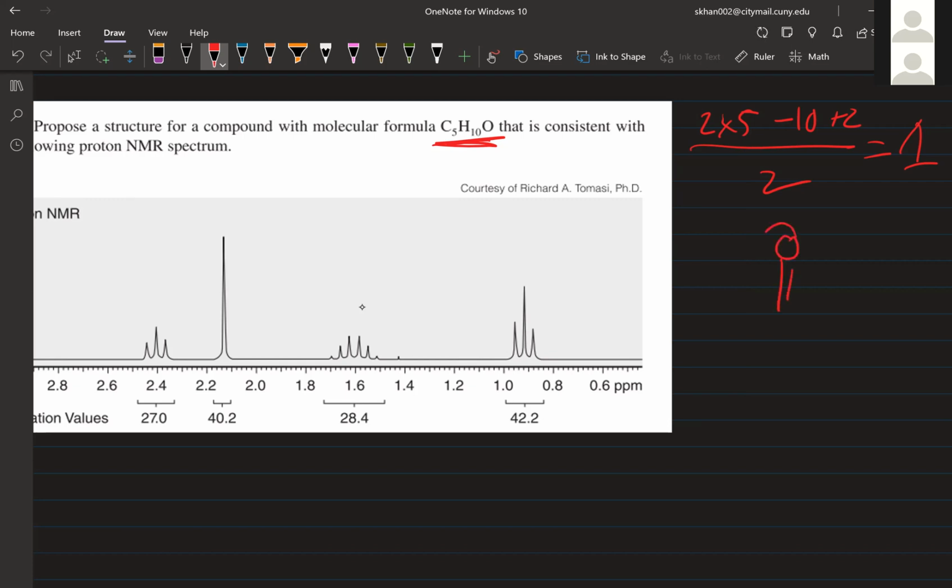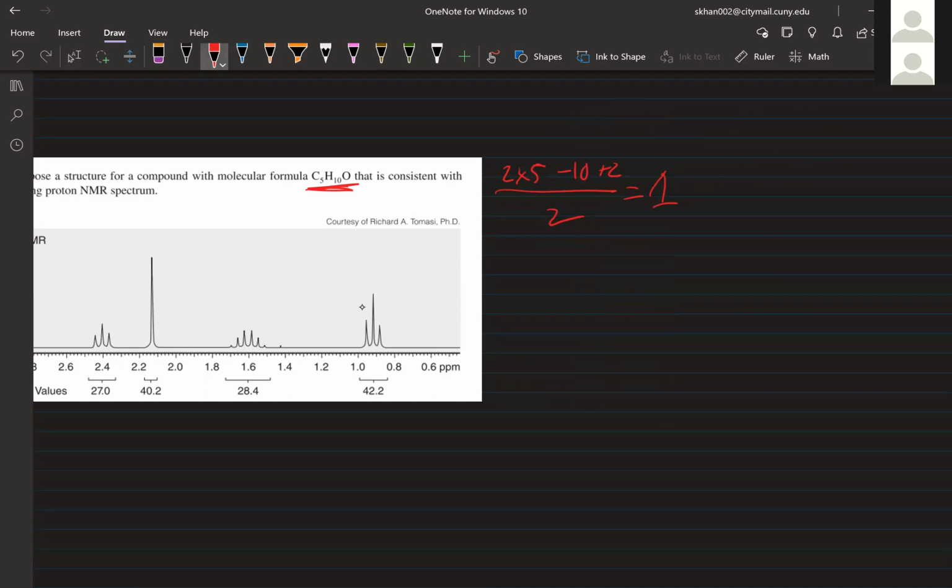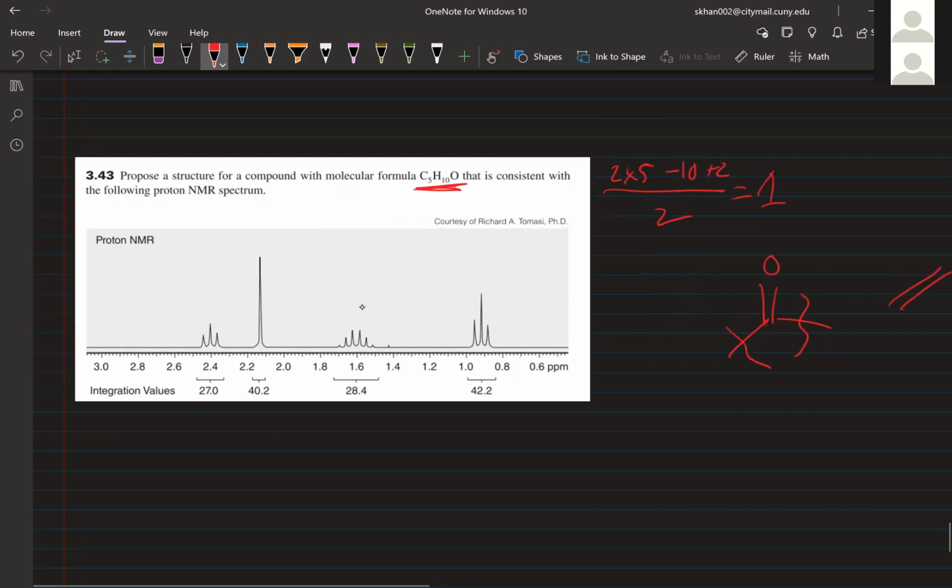We just call those carbonyls. So there might be a carbonyl here. Maybe it's an alkene, maybe it's a ring, but probably not a ring because it's C5. Most likely it's a carbonyl at some point in the structure, or maybe an alkene. Now we have to look at the shifts to determine what it actually is.